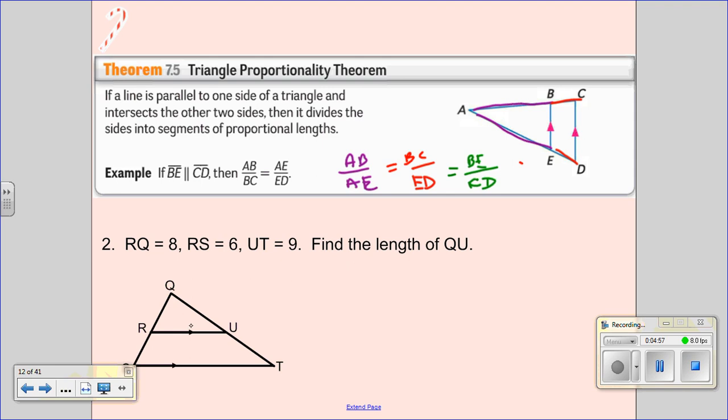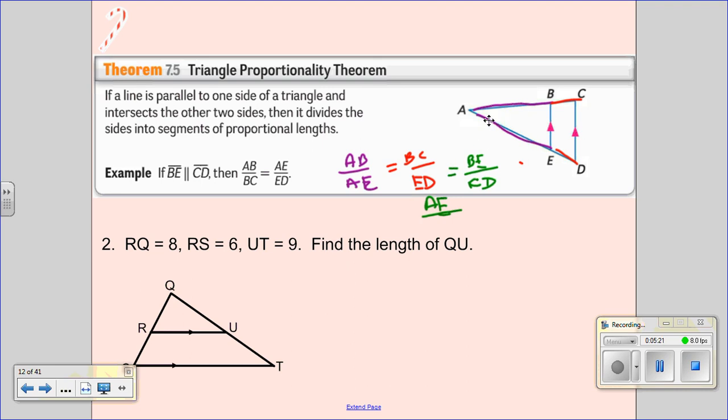You could even say that AE on the smaller triangle is this one side.